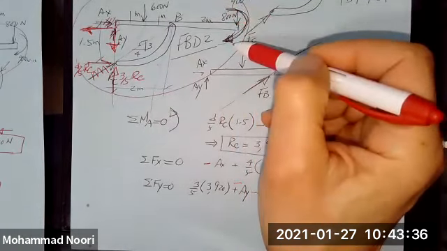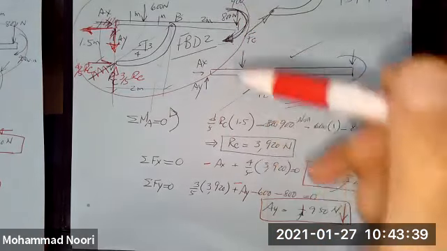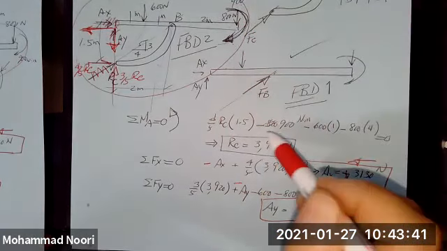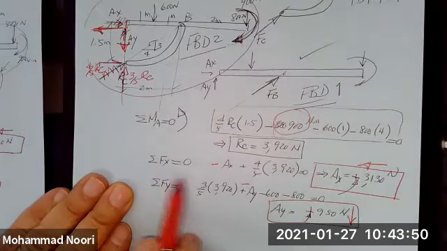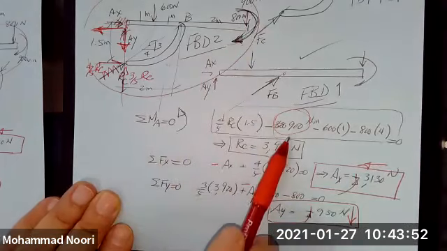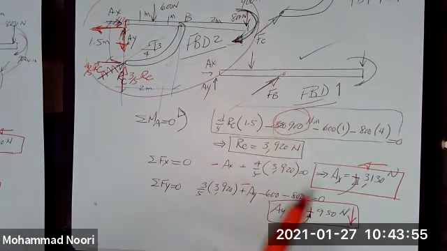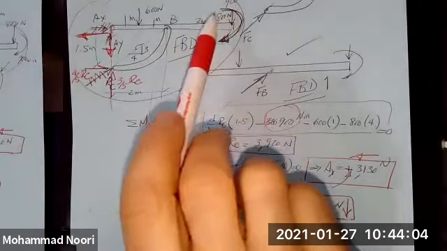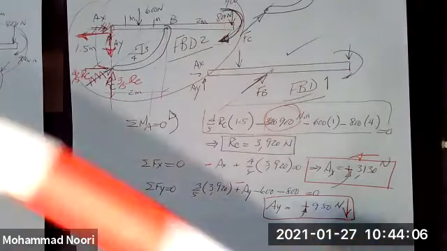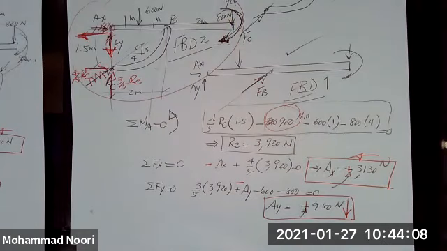So if you have a moment which is applied, it only comes into the picture when you're writing summation of moments. But when you're writing summation of forces, that is not a force. That's an applied moment, so you don't see that. And you can technically put the applied moment anywhere, right? Absolutely. They show it on the diagram as applied there, but we remember from couples, they are free moments.